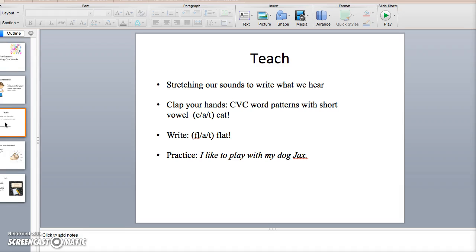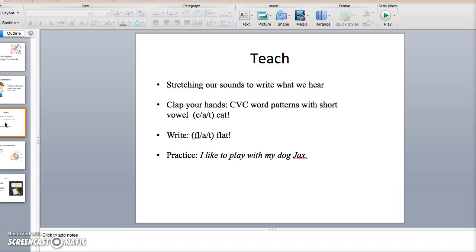A is the short sound for the vowel A. So short vowel A makes A. So I'm going to write A after my C. And then our last sound that we hear in cat is T. And I know that the letter T makes the T sound. So I'm going to sound it out and make sure that I've written the right letters for that word. K-A-T. It should be C-A-T, cat.